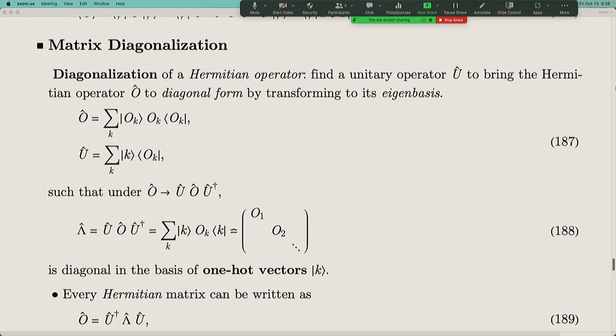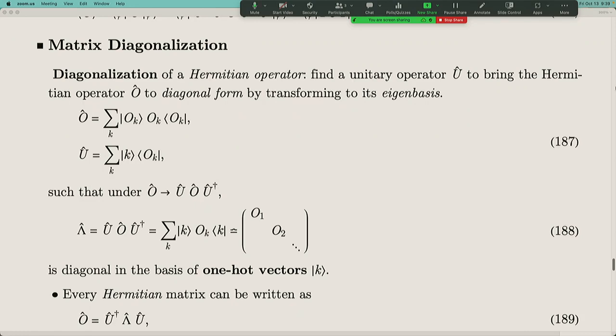Who knows, right? So by saying that I want to bring it to the eigenbasis, I mean that I want to get rid of this very complicated eigenvector and replace it by a one-hot vector which only has a single 1 in the k-th component. In that way, if you perform this unitary on the operator, this matrix multiplied by that matrix, multiplied by this matrix dagger, will give you a new operator.